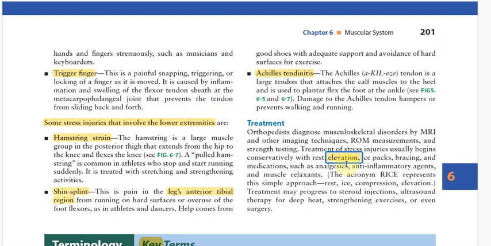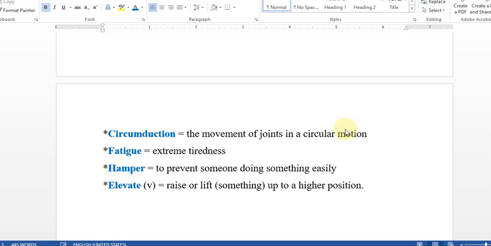Elevation, which is of course, elevation of a damaged limb or damaged part of the body. The verb of elevation is elevate. To elevate means to raise or lift something up to a higher position. As I said here, especially the elevation of a limb or part of the body.